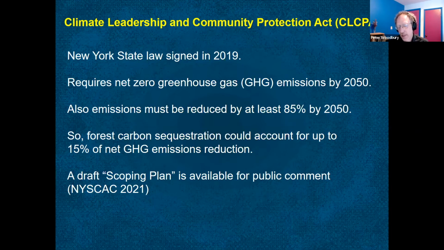The reason for that is, for people who analyze greenhouse gas mitigation opportunities across all sectors, it's very, very hard to get that last bit of emissions to zero. It's very difficult and very expensive. So the law allows that last 15% to be achieved by removing carbon dioxide from the atmosphere. And there is a draft scoping plan of ways to achieve these goals that's available for public comment currently.